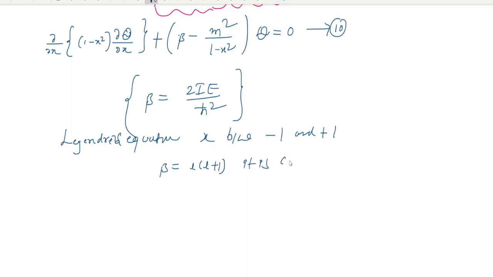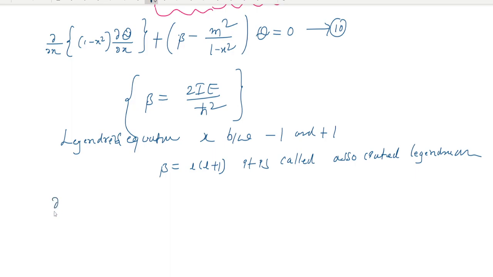It is called the associated Legendre equation.